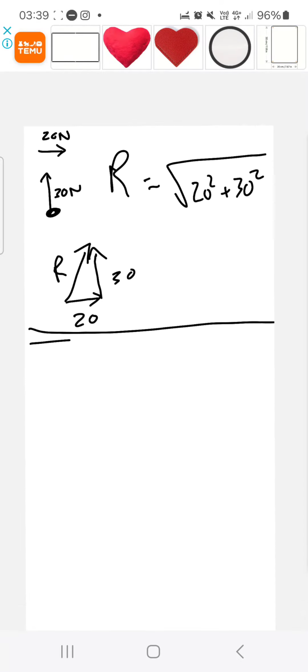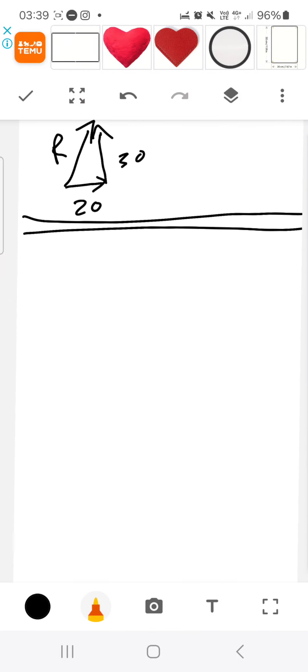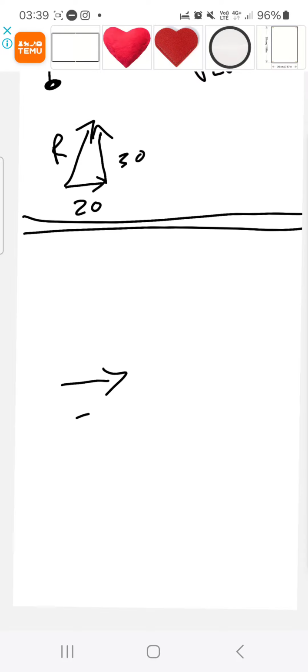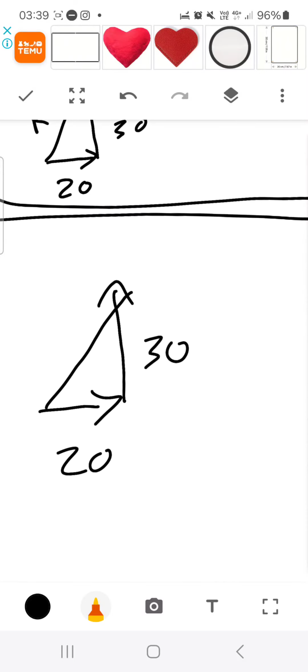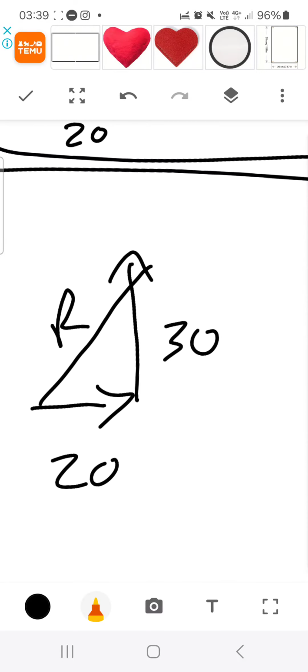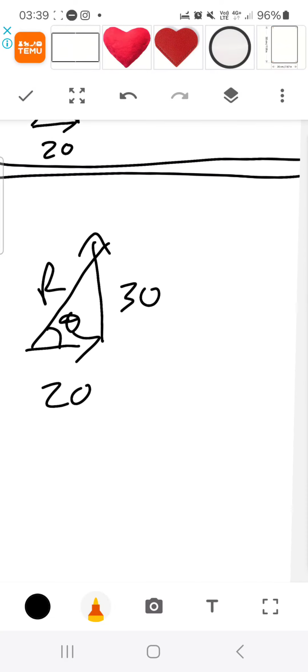Same thing with the angle. If I have a little 20 newton and 30 newton, and I have a resultant over there, and I want to get this angle theta, for instance, the way I would get that angle theta is I can say, okay, we know that we can use sine, cos, or tan. Tan would be the easiest here.